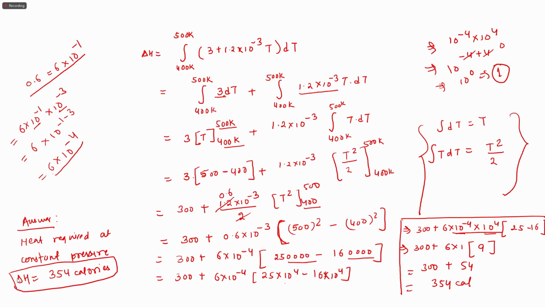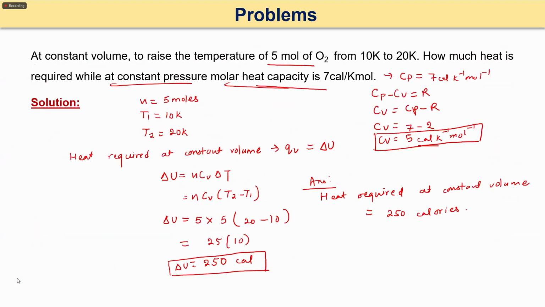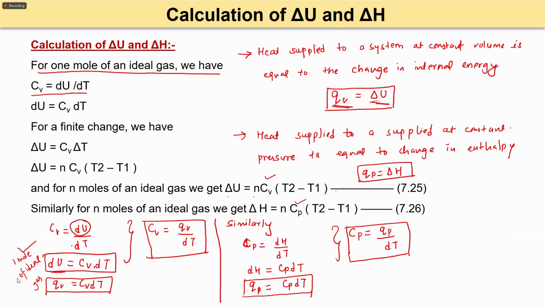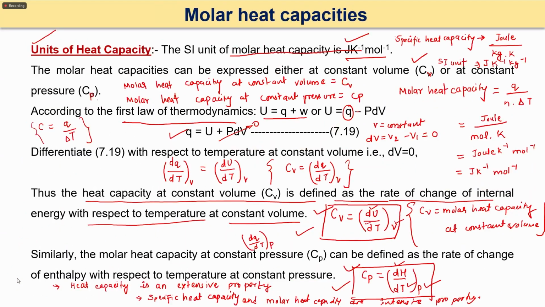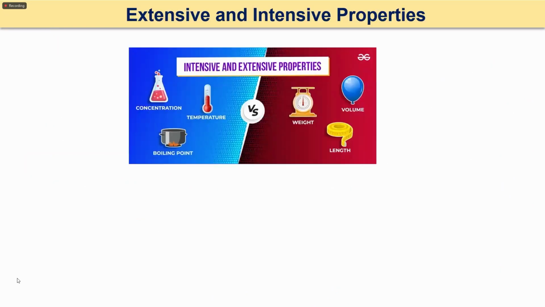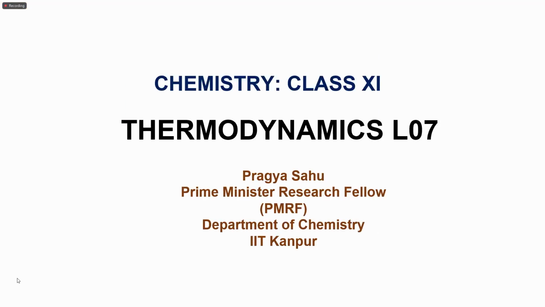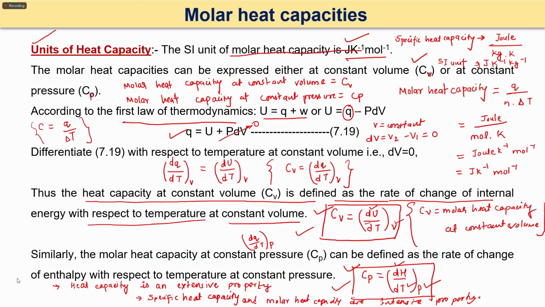Okay, so this was the last question I had. Now in this class, we studied the heat capacity. Then we studied what is molar heat capacity, what is specific heat capacity, and then we have gone through the SI unit.